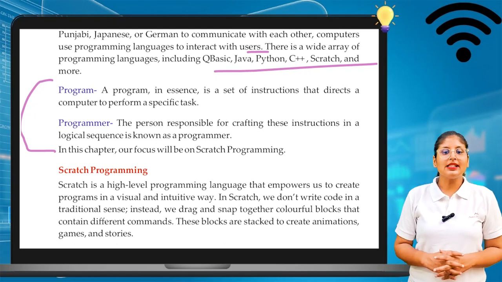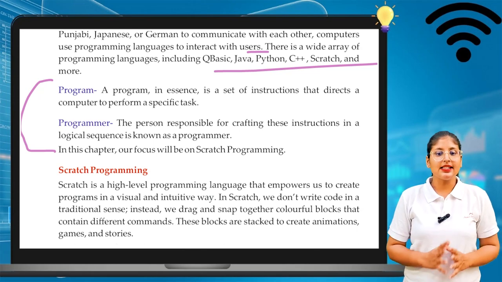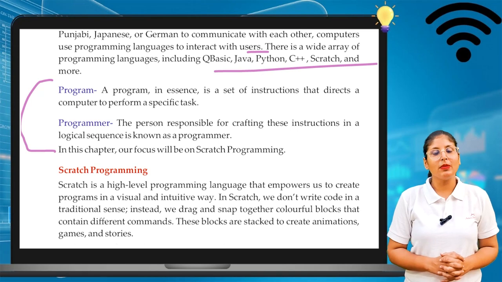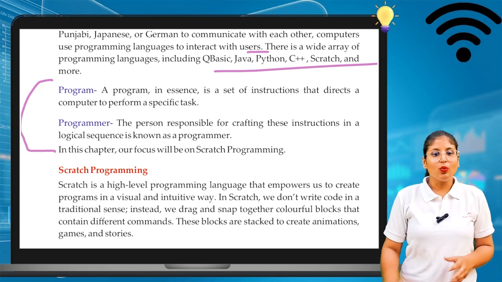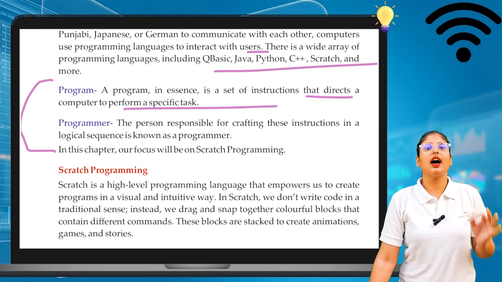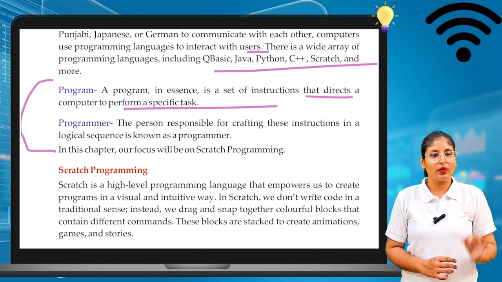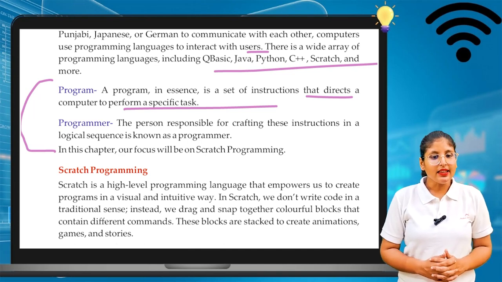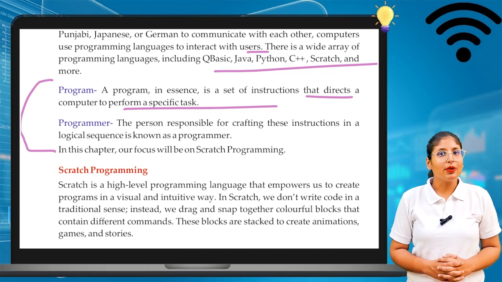A program is a set of instructions that direct a computer to perform a specific task. With the help of a program, we can do particular tasks. Different programs are there. The second thing is the programmer.